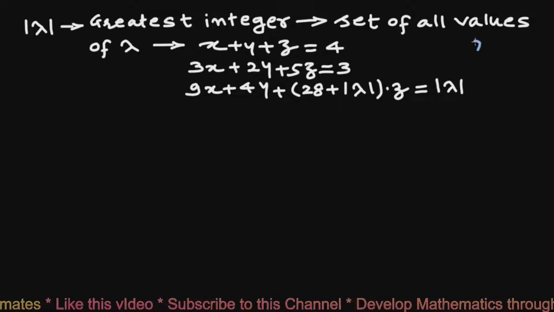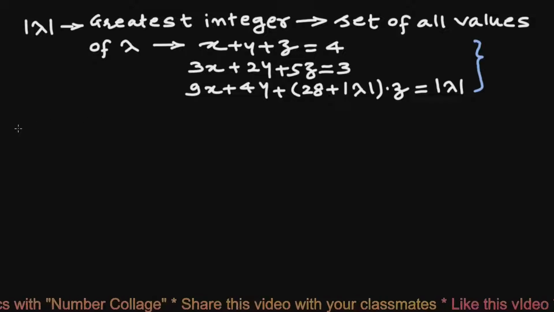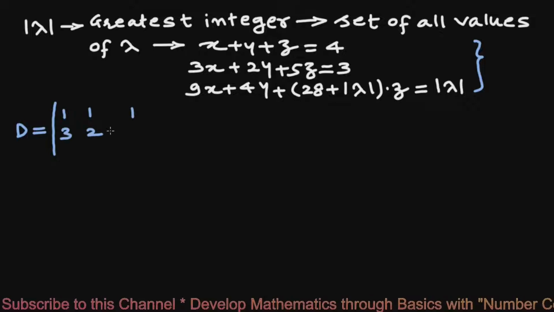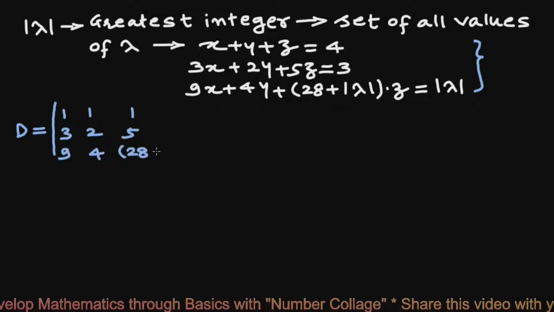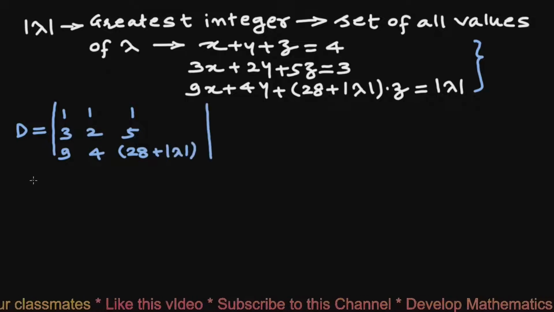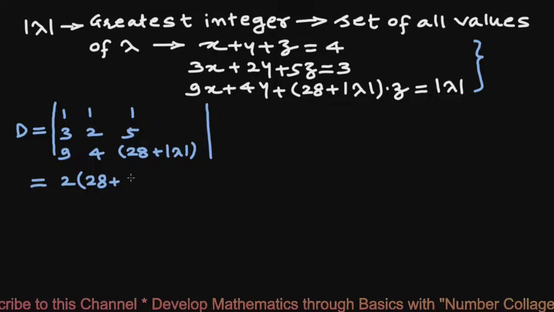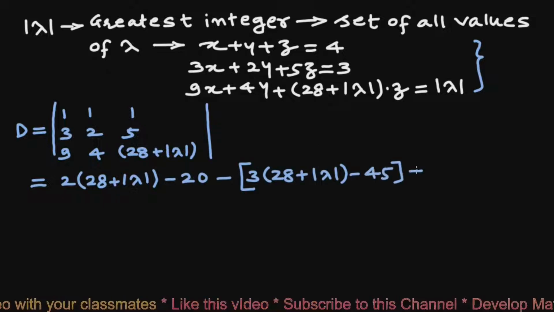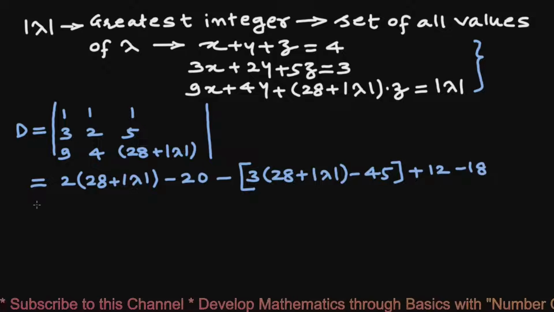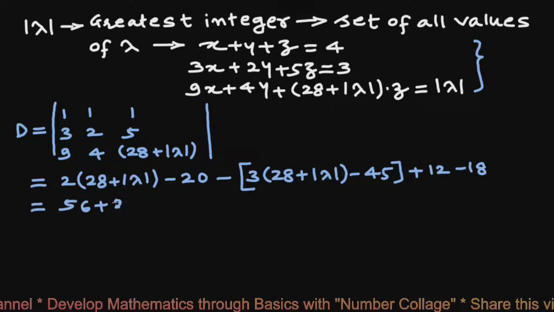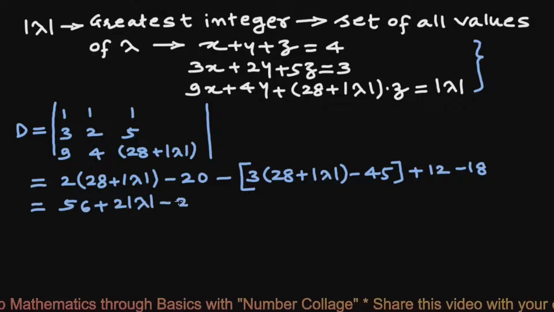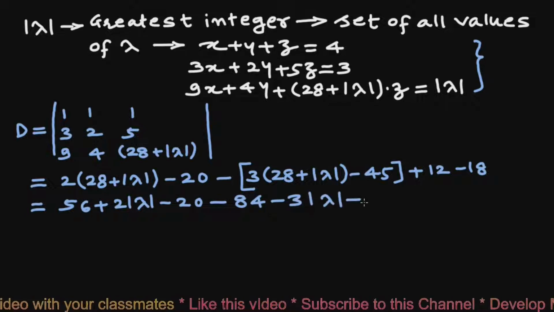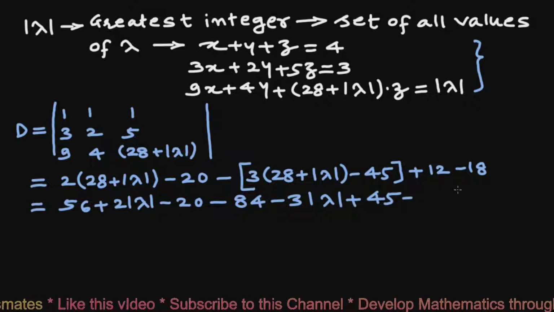In the given system of equations, we have determinant of coefficients 1, 1, 1, 3, 2, 5, 9, 4, 28 plus mod lambda. That will be 2 times 28 plus mod lambda minus 20 minus 45 plus 12 minus 18. So that will be 56 plus 2 mod lambda minus 20 minus 84 minus 3 mod lambda plus 45 minus 6.